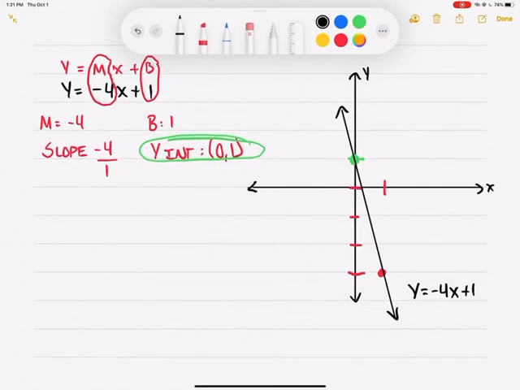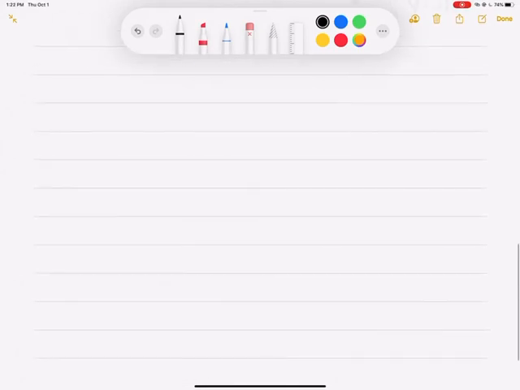The only thing you have to worry about is if you have an equation that does not look like y equals mx plus b. I'm going to show you an example of that. Here I have something that does not line up. What I need to do is make it line up, which means I need to solve for y, or get y by itself. To do that, I'm going to subtract 2x from both sides. I'm moving it away from y.